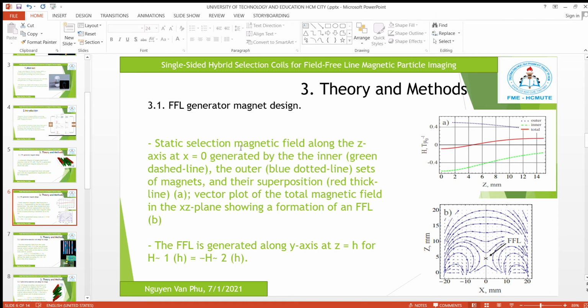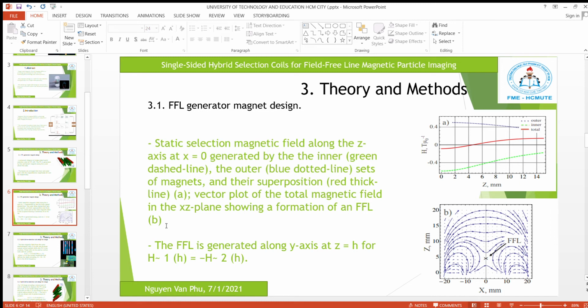Static selection magnetic fields along the z-axis at x equals 0 generated by the inner green dashed and the outer blue dotted sets of magnets, and their superposition in the red thin line.